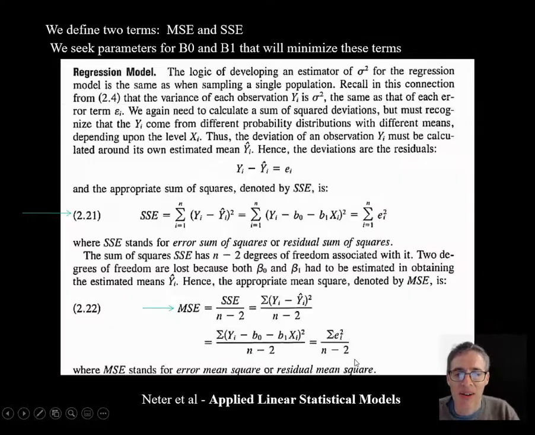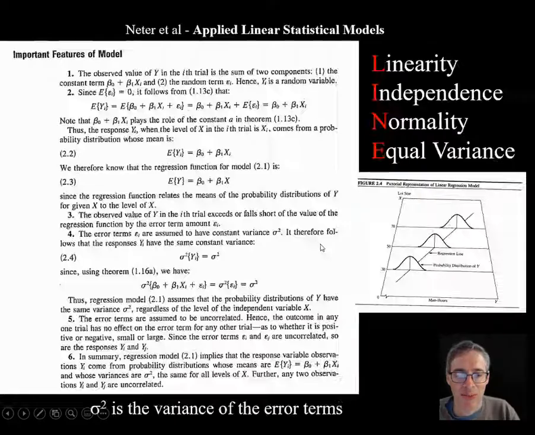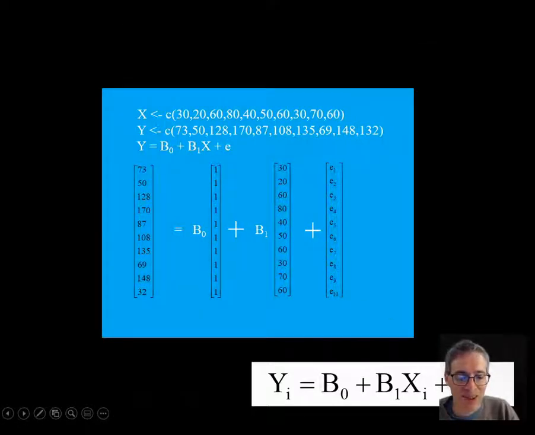And so the error is defined as yi, the data point, minus the regression line itself. And the regression line itself is b0 plus b1x, so there's a minus sign there. So the error is yi minus b0 minus b1x. You can see that mathematically, you just solve for ei here.